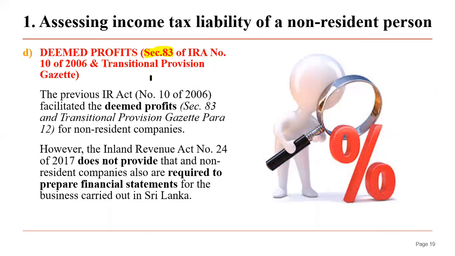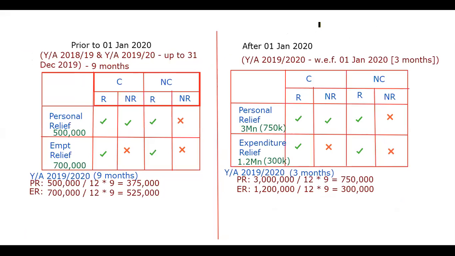I will explain the deemed profit, how it comes into effect. Let me share the screen to the whiteboard. I'll clear this drawing. The deemed profit is where you just take a non-resident company.